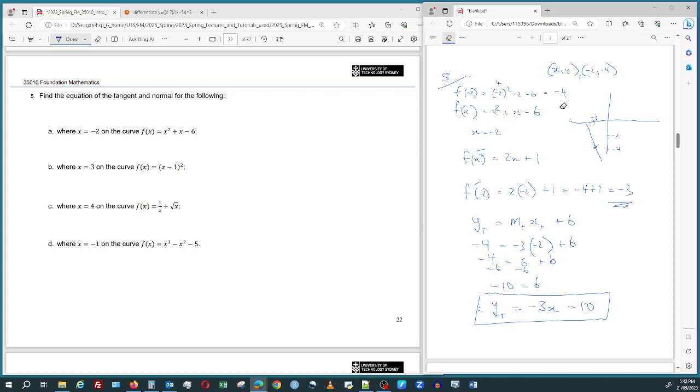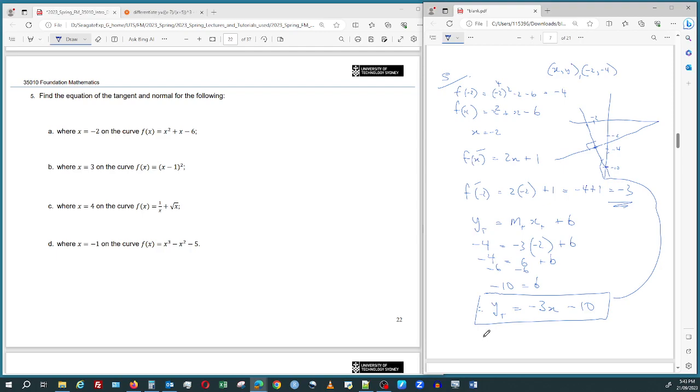And we also happen to know that the equation of this line is as suggested. Negative 3. That's this one. Okay. Now what we're looking to do is to get the normal. The normal goes like that. So you can see it's going to have a different gradient and direction.